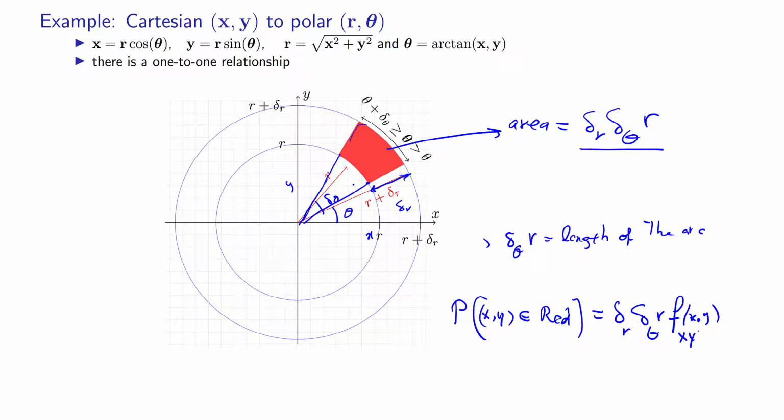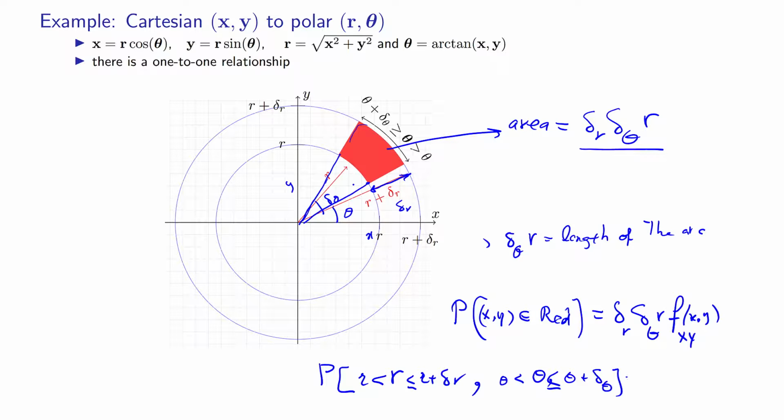However, if you look at the probability of your point being in this area, it means that r is bigger than your small r and smaller than r plus delta r, and theta is bigger than your small theta and smaller than theta plus delta theta.